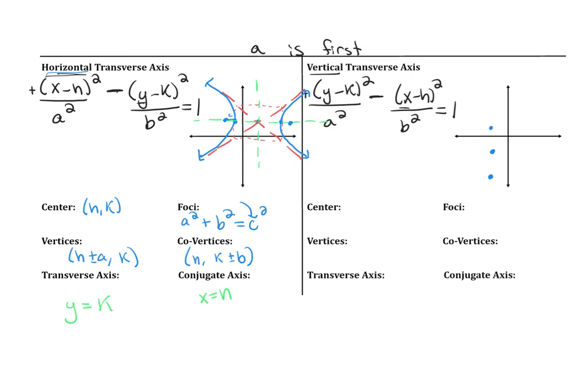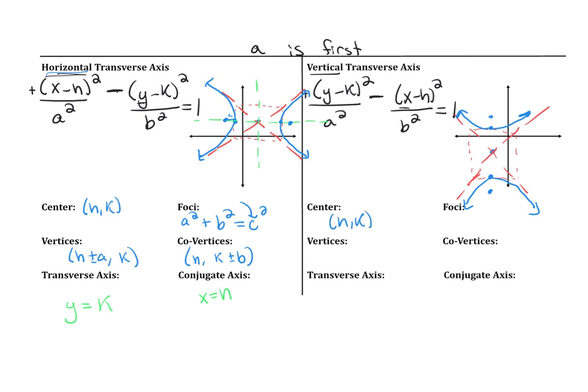So I've got the center, and the vertices are up and down, so the co-vertices will be left and right, and we're going to use those to draw this box. So the diagonals can make those oblique asymptotes. And then a quick sketch. Center (h, k).